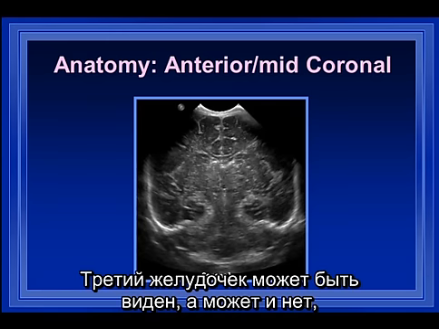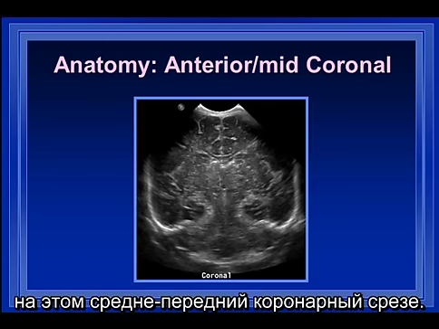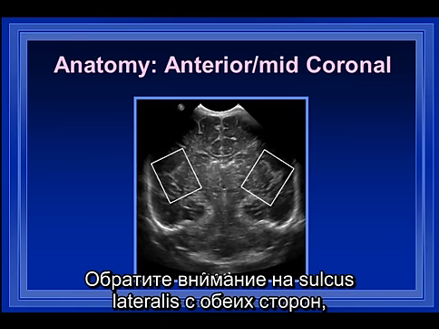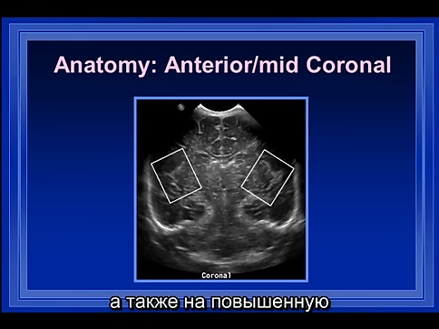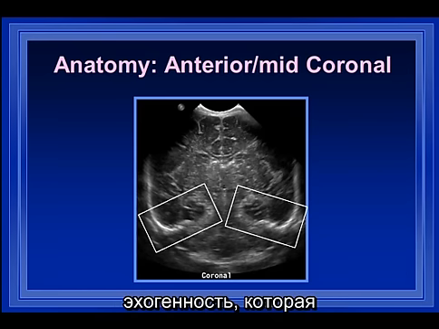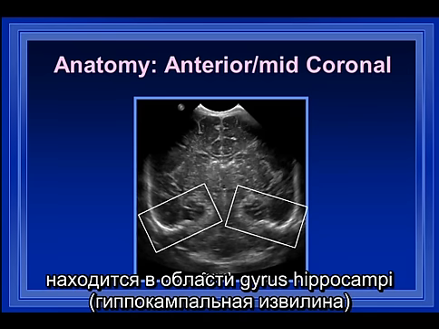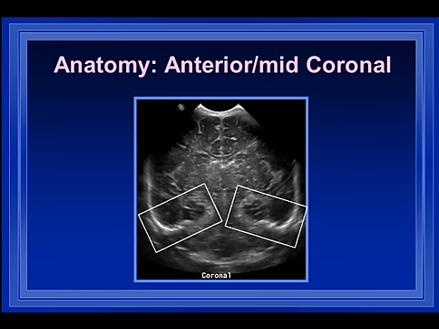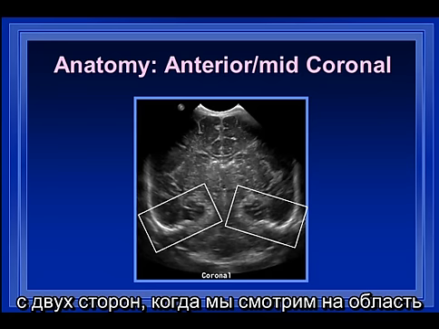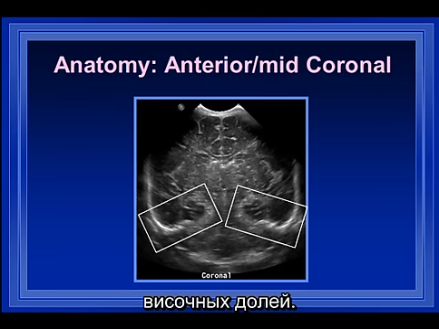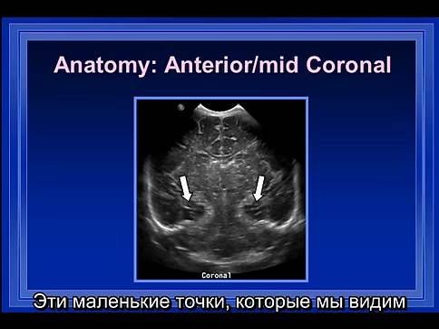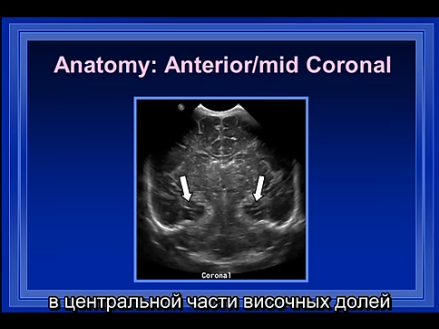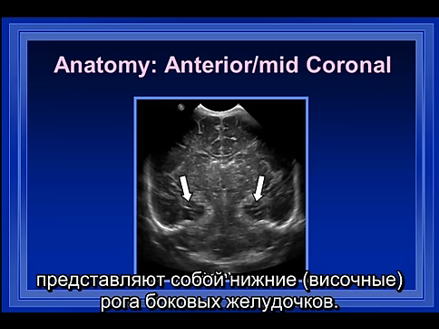The third ventricle may or may not be seen on the anterior mid-coronal views. Note the Sylvian fissures bilaterally, and also the bright echogenicity that is in the region of the hippocampal gyrus bilaterally as we look at the region of the temporal lobes. The little dots that we see centrally in the temporal lobe represent the temporal horns.